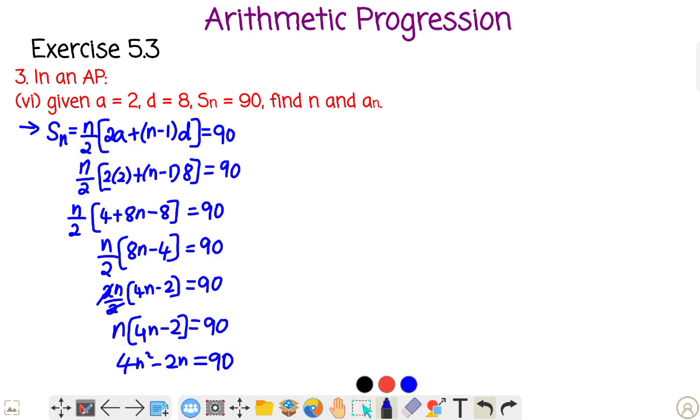Now I'll take 90 this side. So 4n square minus 2n minus 90 is equal to 0.